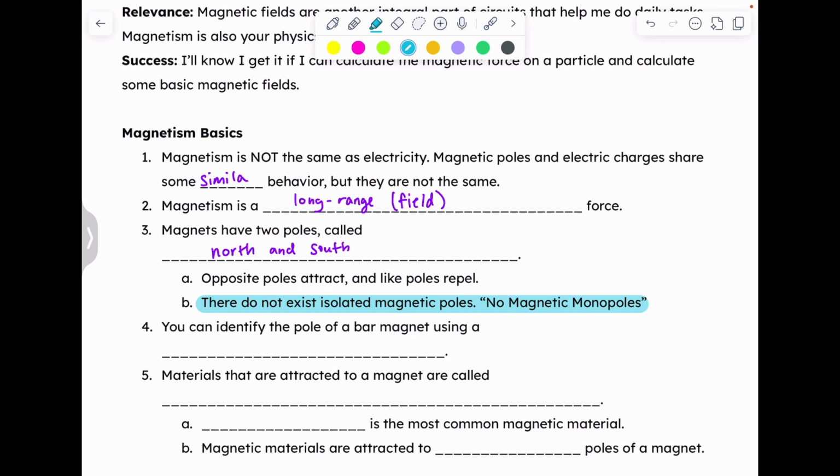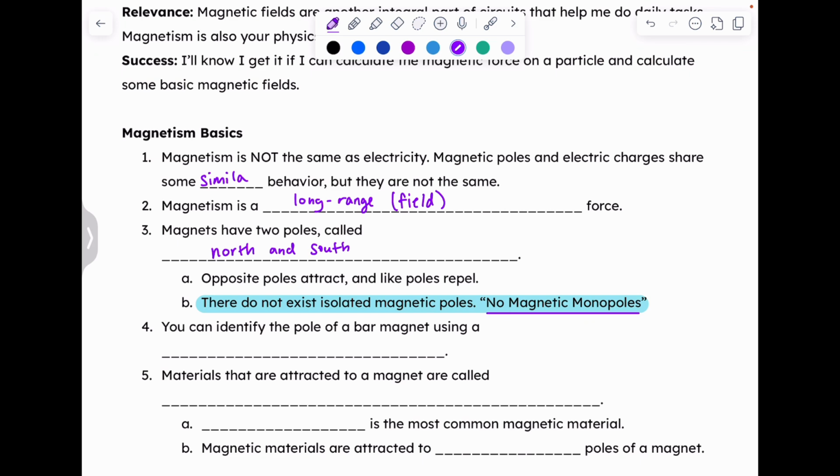Magnetism only exists as a dipole or a quadrupole. You cannot have an isolated north magnet or an isolated south magnet. They're always going to come together. So there's no such thing as a magnetic monopole, and we will learn how to mathematically say that there are no magnetic monopoles.